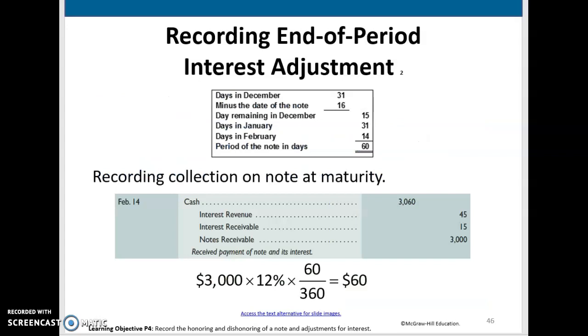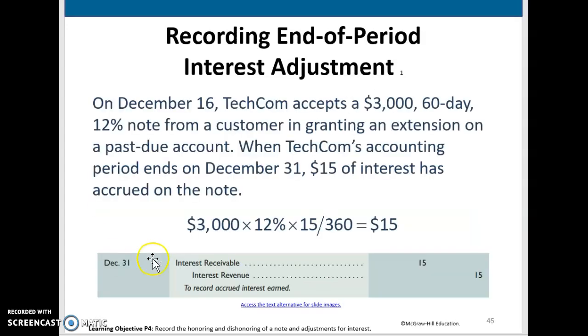In the following year, when the amount is paid, we'll have our notes receivable credit for the $3,000, and then we have the remaining number of days that it is paid. So we'll take the $3,000 times 12% times 60 over 360. We know our total interest is $60, and so we also know that we accrued $15 at the end of the year.